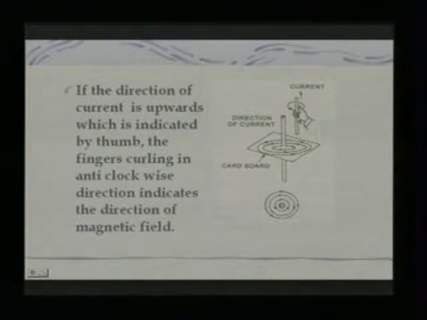Let us see the figure shown. Here the thumb is pointing upwards, which gives the direction of current. Then fingers curling in anti-clockwise direction gives the direction of magnetic field.